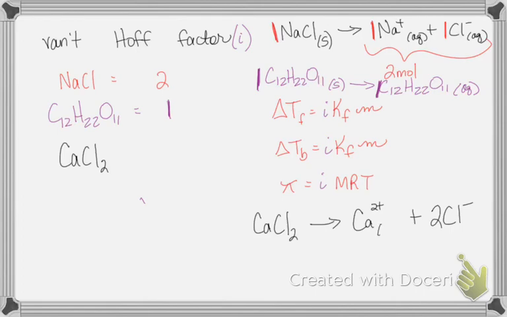Yes, there are, CaCl2. So, what's the total moles that we have in solution? If we have 1 calcium and 2 chlorides, the total moles is 3. And colligative properties depend on the number of particles in solution. So calcium chloride would have a Van't Hoff of 3.